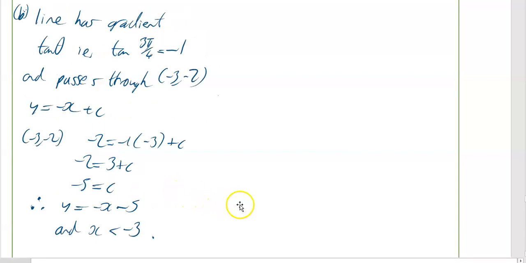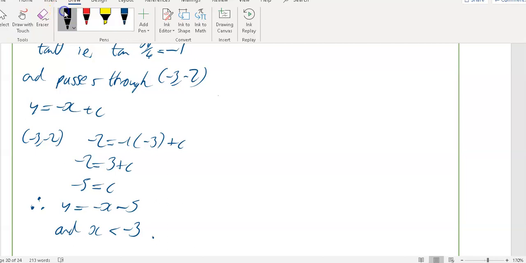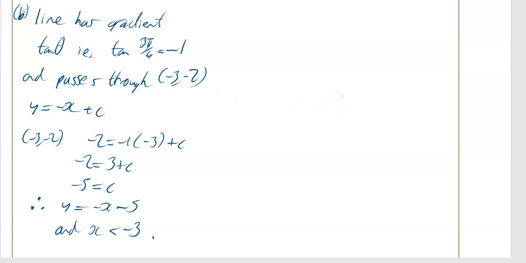Okay, we're going to look at another way of doing this same question. So I'll do this in black this time. So it's the same question, same part B. We're going to look at just a second method. Okay, the other way of looking at it, we have arg of z plus 3 plus 2i is equal to 3 pi over 4.